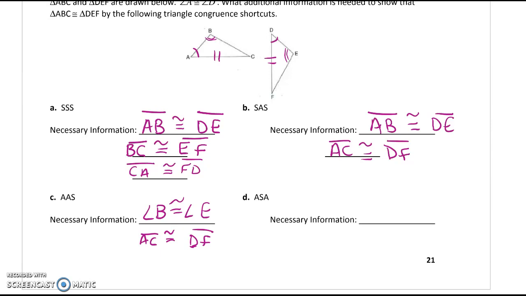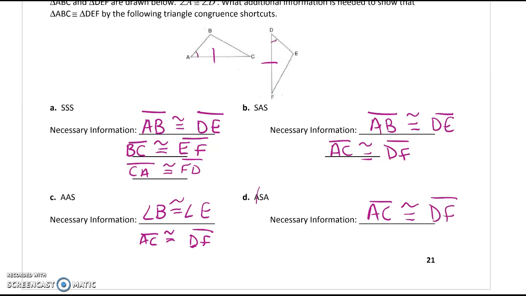Next congruency shortcut is angle, side, angle. So I'm going to erase everything up here again so you can see. We are already given an angle. We need a side, so pick a side. Here, let's do this one. AC and DF. Segment AC is congruent to segment DF.